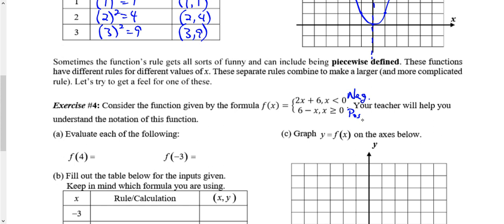So if we're making a table of values, once we get to 0 for x, which one of these do we use? The one that's equal. So you've got to pay careful attention to that. Now, you'll have an endpoint here, but when you graph it, will we use a closed or open circle? It's less than without the equal part.